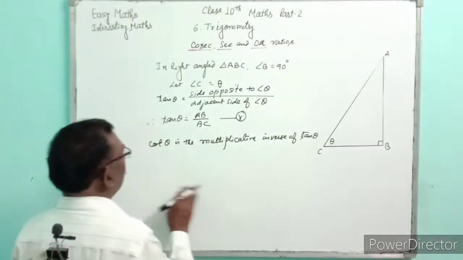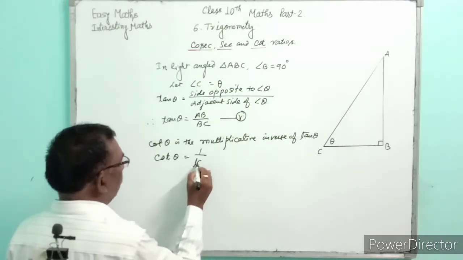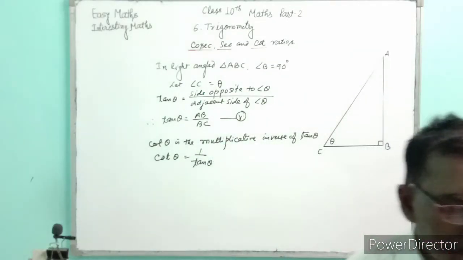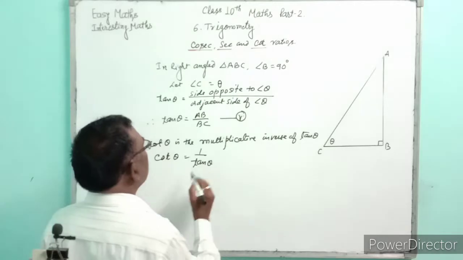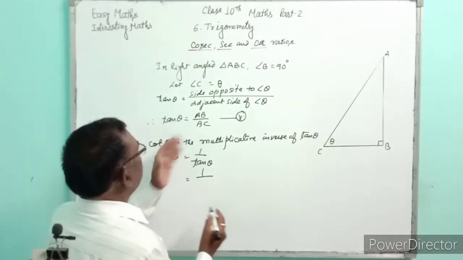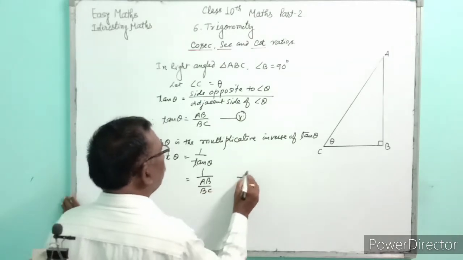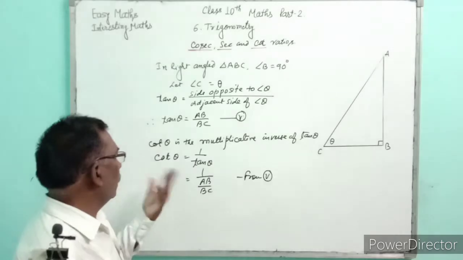Therefore, cot theta is equal to 1 upon tan theta. Now, tan theta is equal to AB by BC from equation number 5.